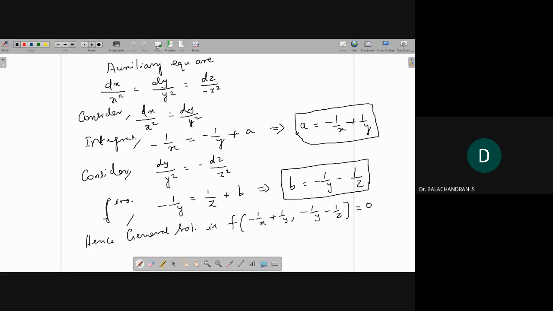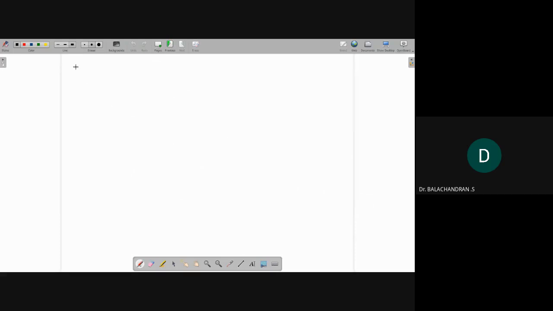Now the second problem. Solve xz p plus yz q equal to xy.